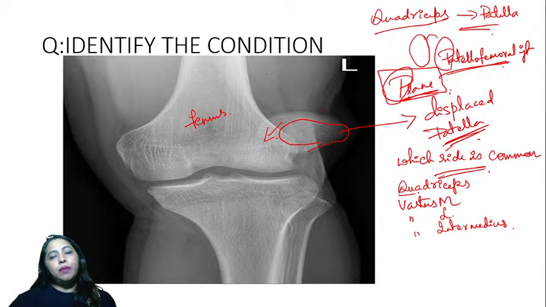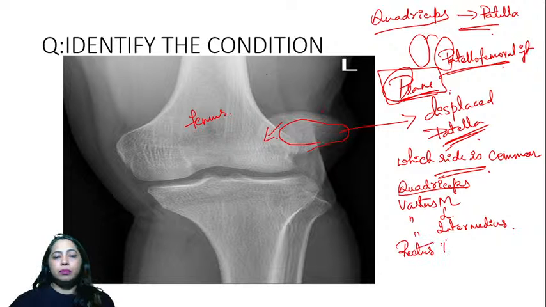And along with that, we have one more muscle that is known as rectus femoris. This is obviously on the medial side. This is obviously on the lateral side. So which muscle is weaker?